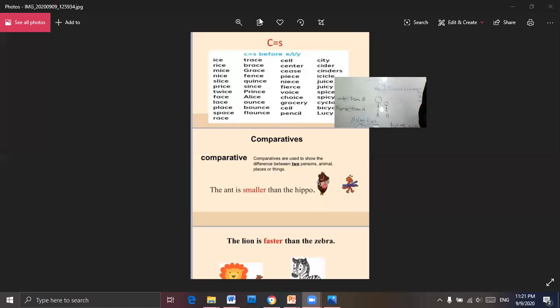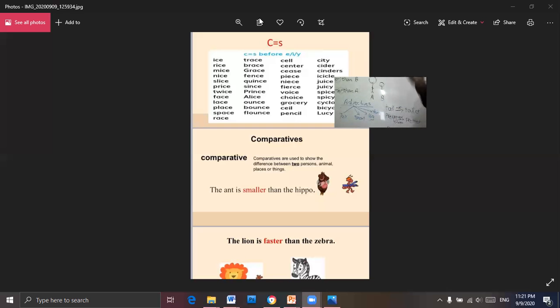The adjective here is tall or short, and we add er, taller, shorter. Like we said before, what is the meaning of adjective? We use it to describe things like tall, short, big, and thin.